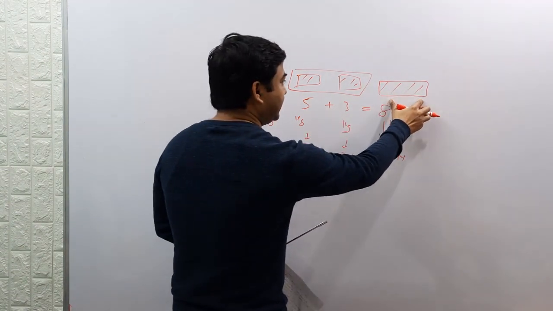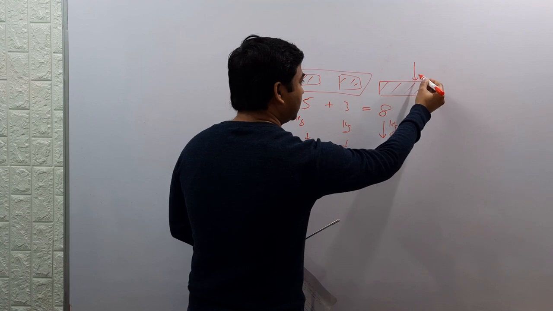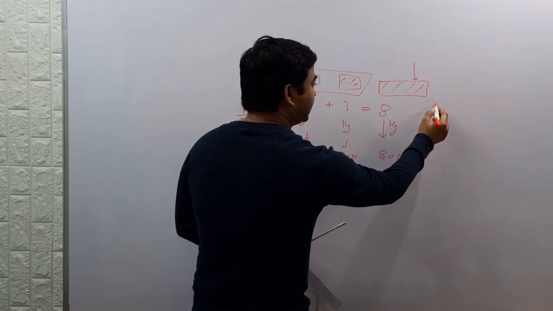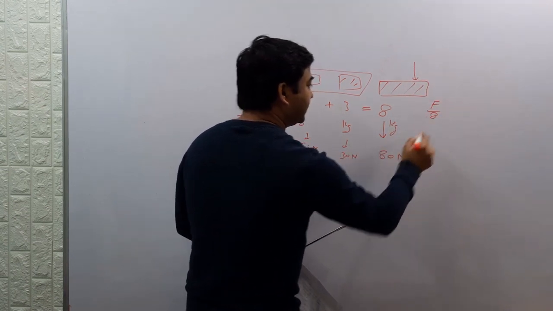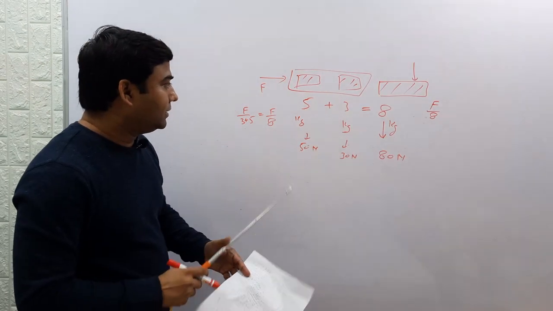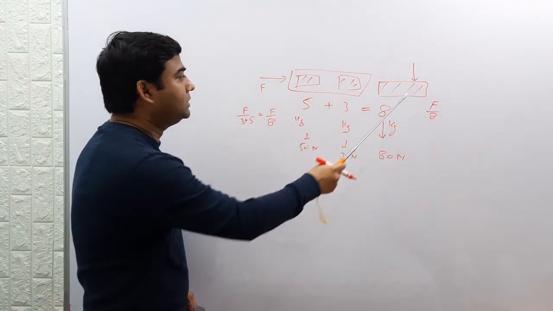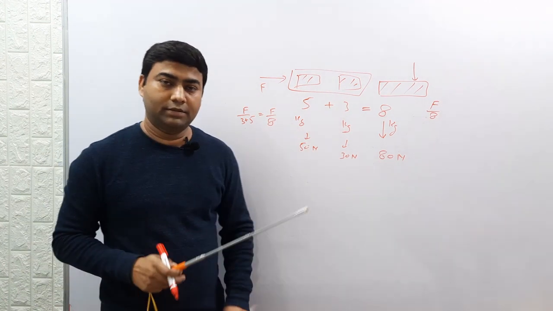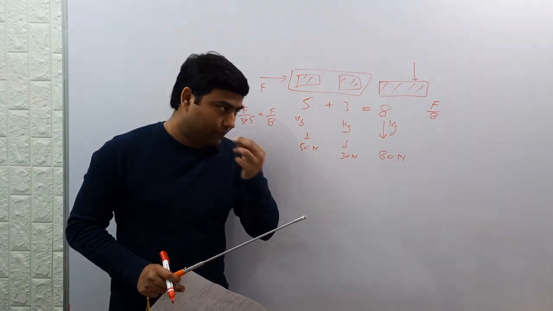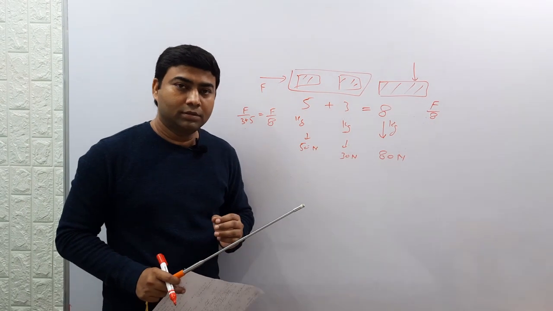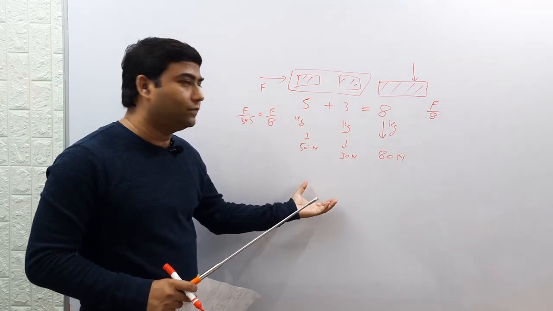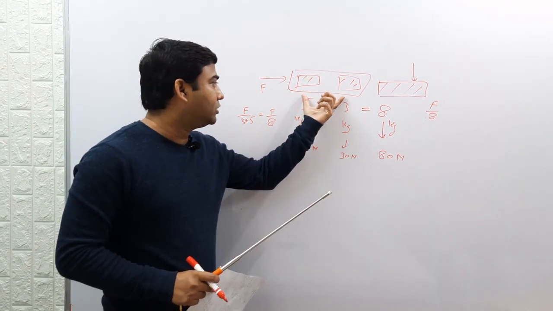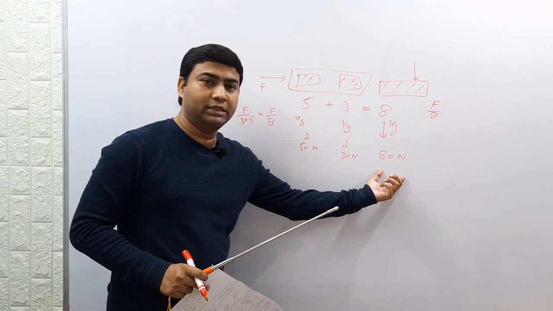Similarly, this 8 kilogram mass will also move with acceleration F by 8. So in all terms, this 8 kilogram mass is equivalent to both these masses. Whether we apply an external force, or find the total weight of this system, that is 80 Newton.